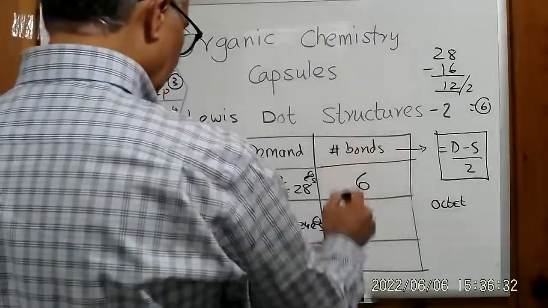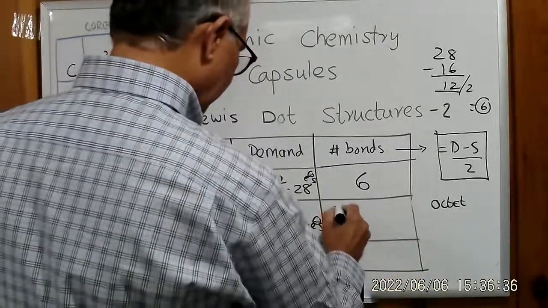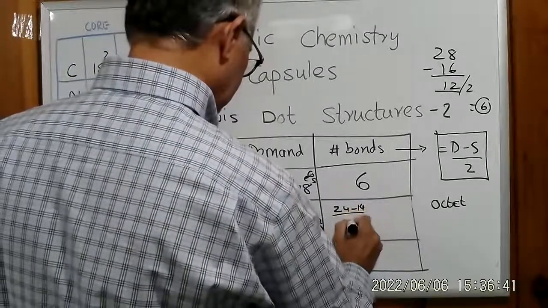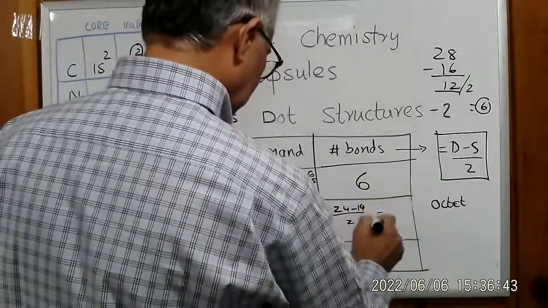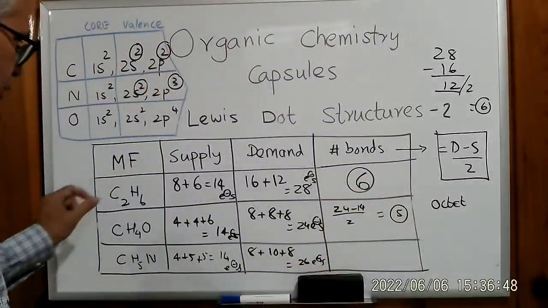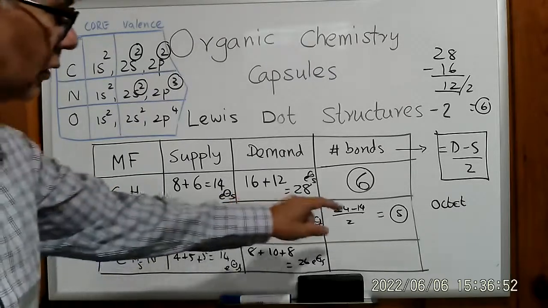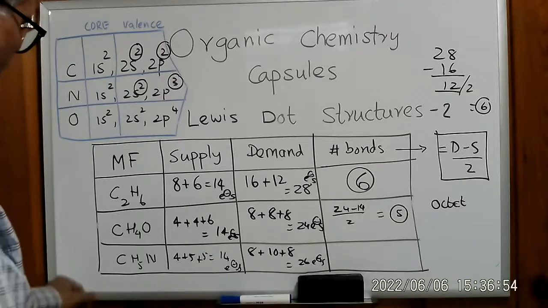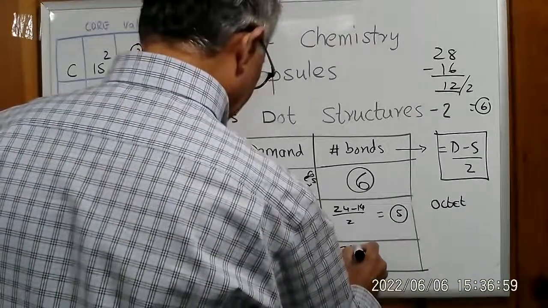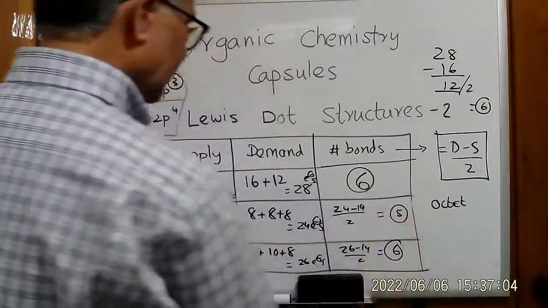So solving for the number of bonds, for CH4O it is 24 minus 14, divided by 2, equals 10 divided by 2, equals 5 bonds. So there are 6 bonds for C2H6, CH4O has 5 bonds, and CH5N will have 26 minus 14, divided by 2, equals 6 bonds.